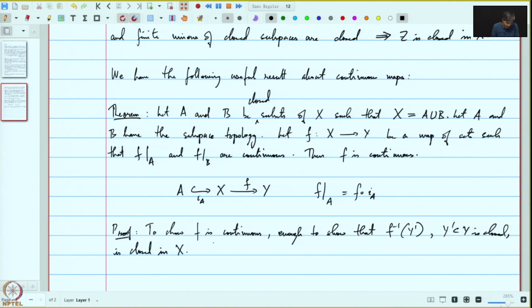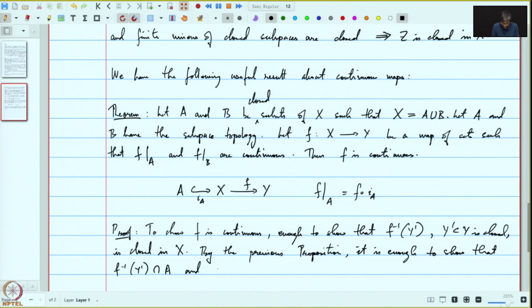So by the previous proposition, it is enough to show that f inverse of Y prime intersected A and f inverse of Y prime intersected B are closed in A and B respectively.